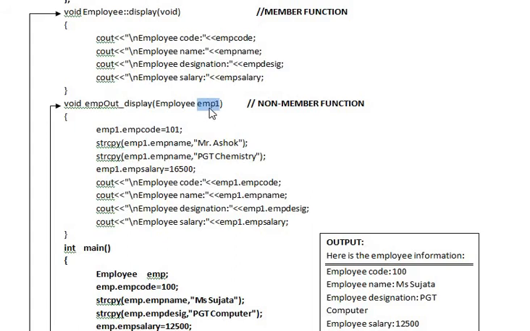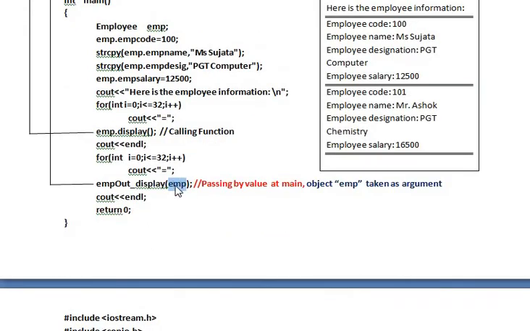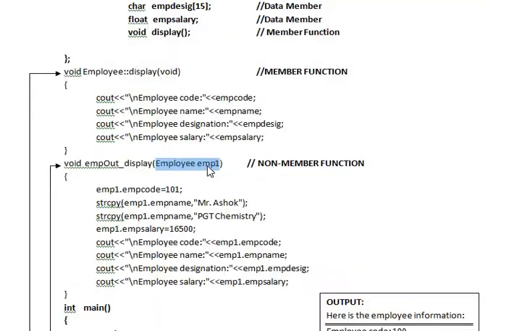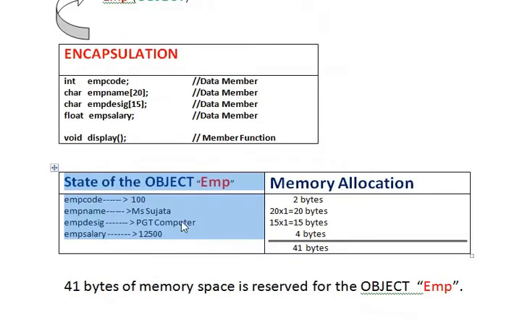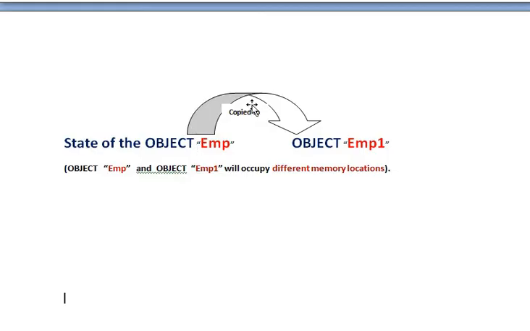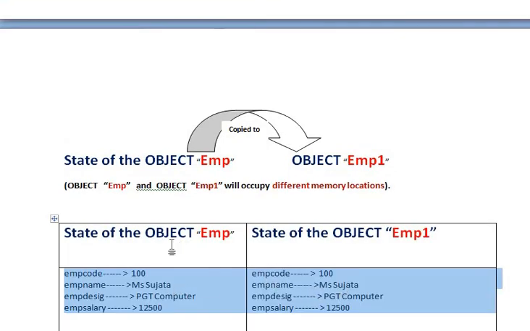Once the encapsulation has been done, the contents of the object emp, or you can say the state of the object emp, shall be copied into this object emp1 by the help of the pass by value method. As these values indicate the state of the object emp, they will get copied into the object emp1. You can see it clearly here. The state of the object emp and the state of the object emp1 is exactly the same, because the values of its data members are exactly the same.